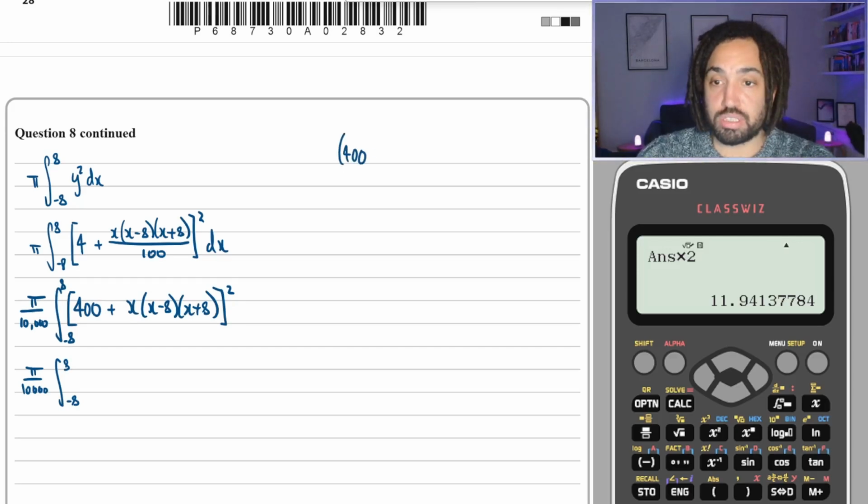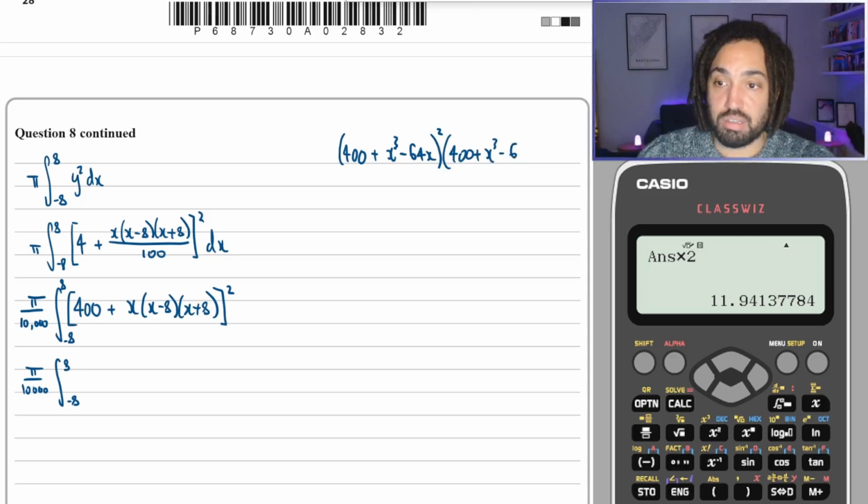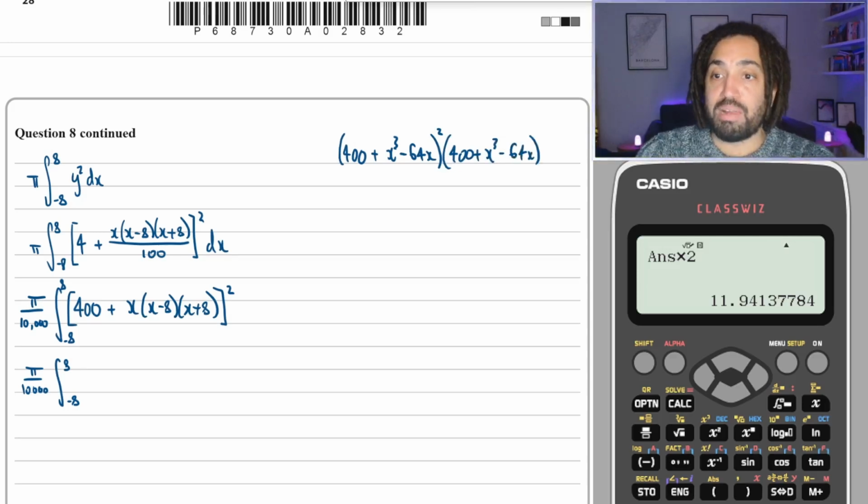So 400 plus, this was x cubed minus 64x, needs to be squared, so times by itself. Okay, so 400 times 400 is 16 with 4 zeros on the end.